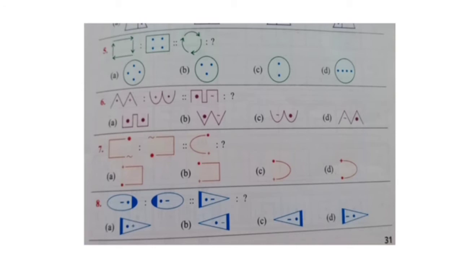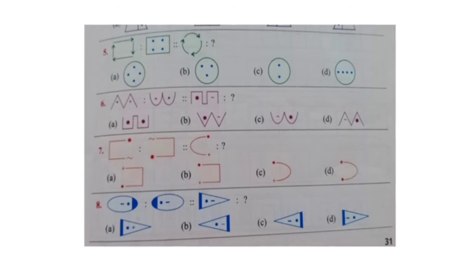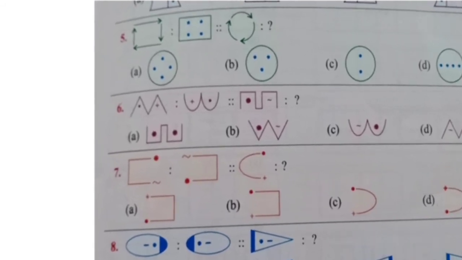See, fifth one. Arrows are given. Here 4 arrows are given: 1, 2, 3, 4. By those 4 arrows we get one square, and in that square we have 4 dots. Similarly, we have to find the correct option for 3 arrows.